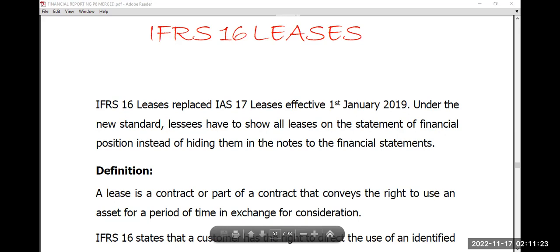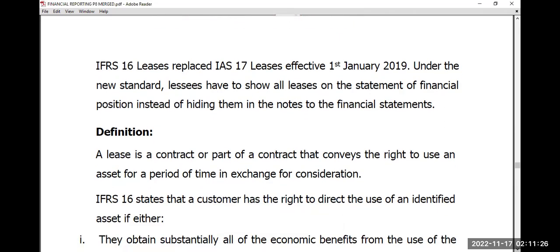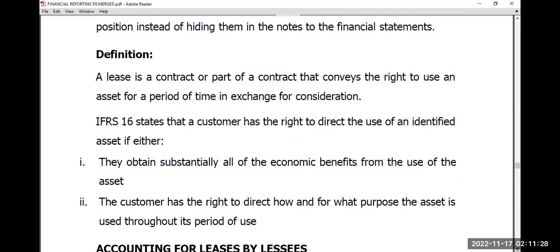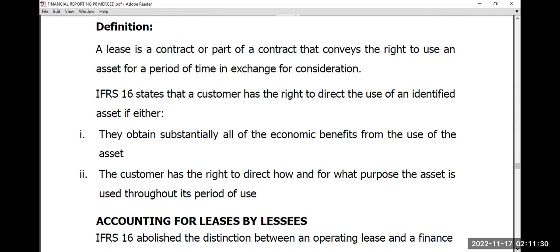When we proceed, we are saying IFRS 16 states that a customer has a right to direct the use of an identified asset if either, so these are basically some of the criteria that we use to decide that a person has a right to an asset.